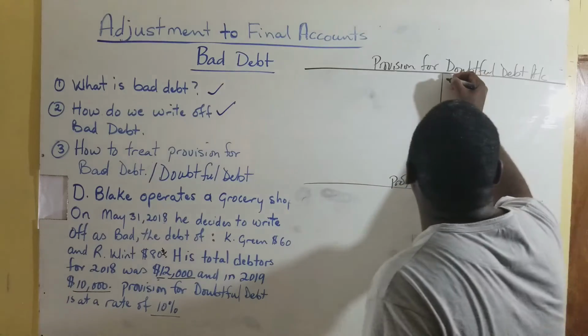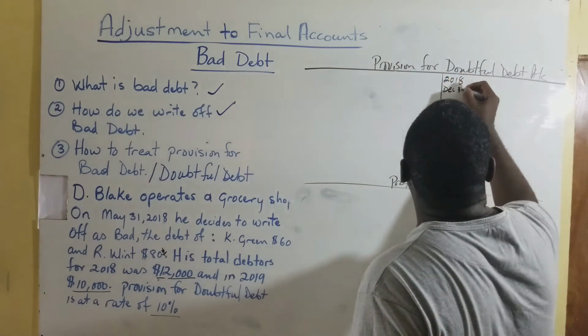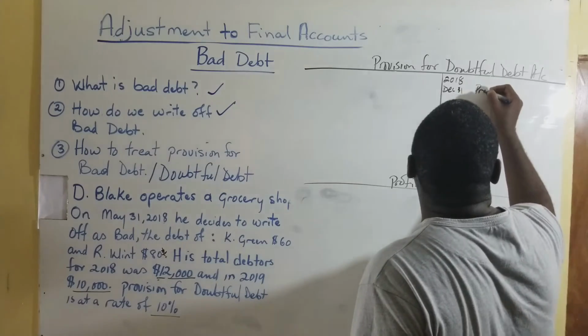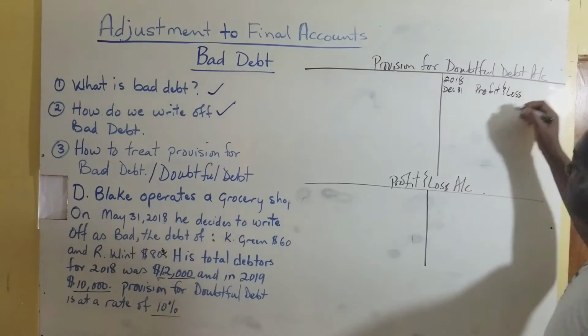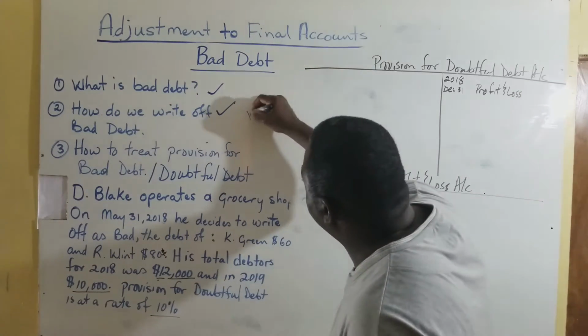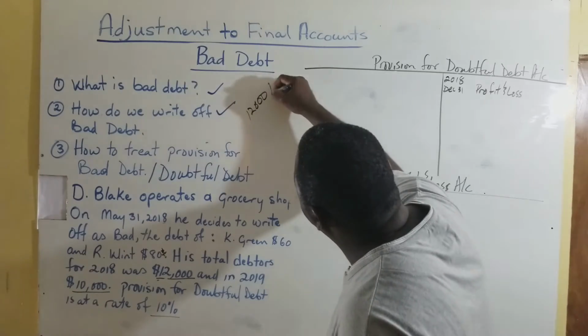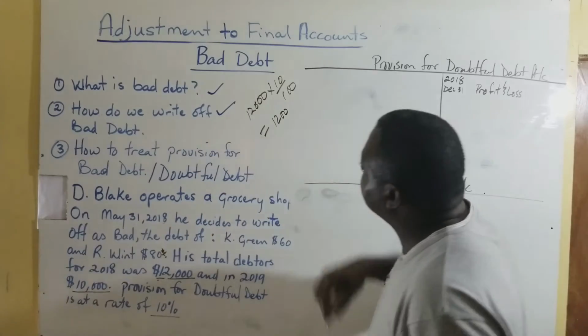So we're going to have 2018, December 31st, profit and loss, and the amount we calculate, ladies and gentlemen, 12,000 times 10% is going to equal 1,200.